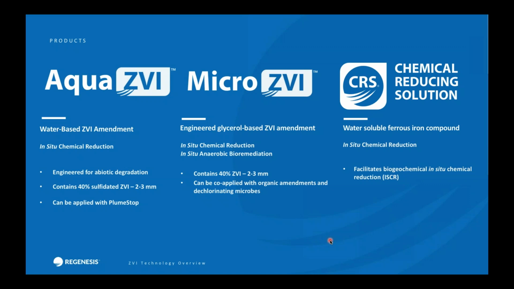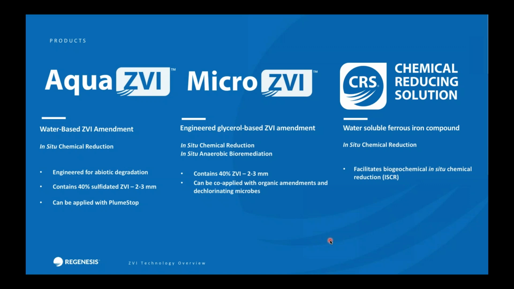This can be co-applied with PlumeStop, colloidal activated carbon, if you want to have a mixture of adsorption and abiotic degradation. Micro ZVI is more of a legacy product. It's not sulfidated, and the way we prevent the reaction with water is to use glycerol as our medium.